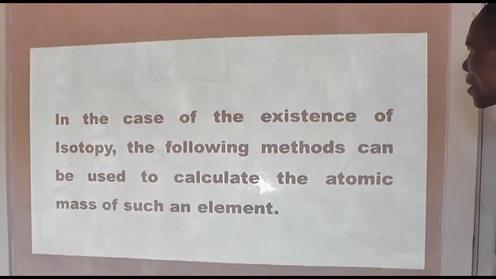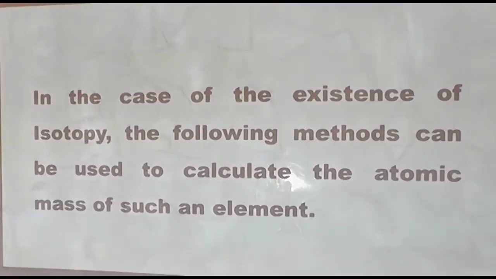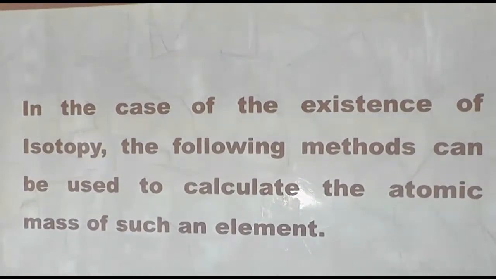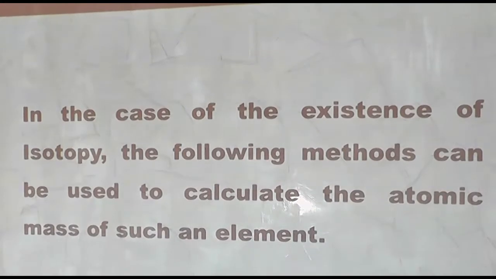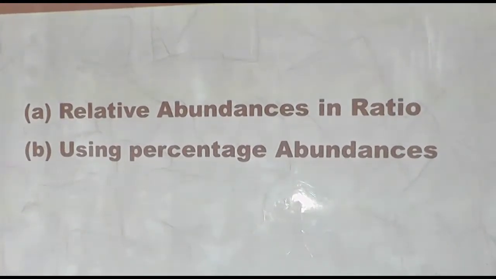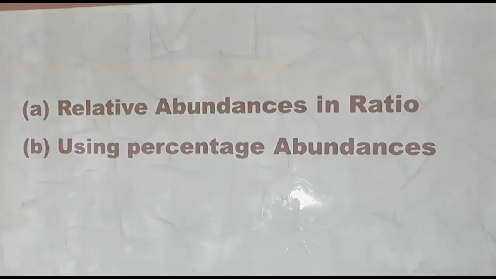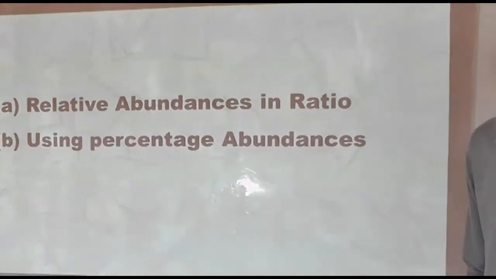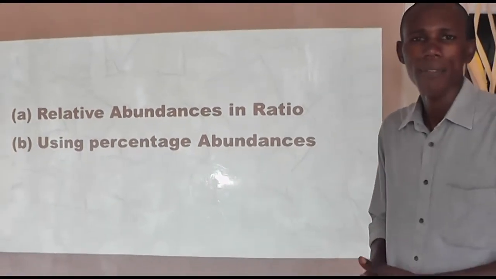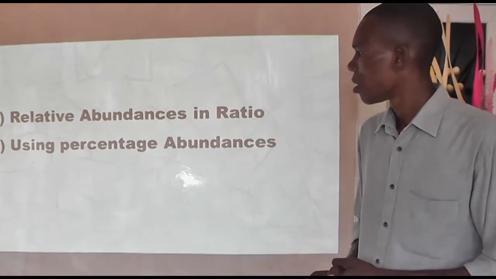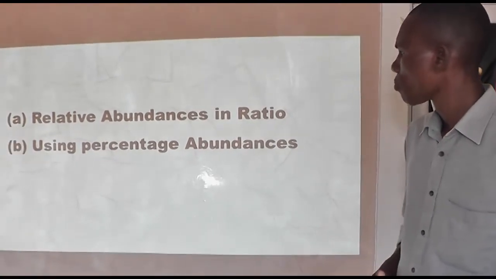In the case of the existence of isotopy, the following methods can be used to calculate the atomic mass of such an element. 1. We have relative abundances in ratio. That is, we can use the ratio method to calculate the relative atomic mass of such an element. 2.